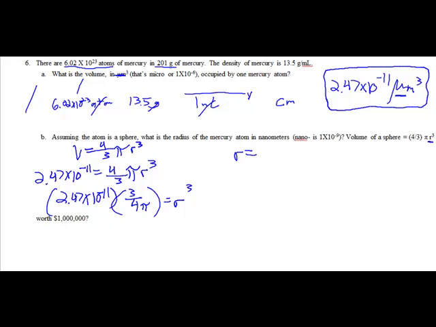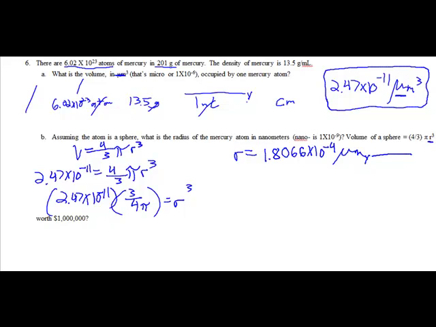So then our r equals, so we solve for our r here. Again, we take the cubed root of the math that we got there, and we will get 1.8066 times 10 to the negative 4th micrometers. Our answer needs to be in nanometers.